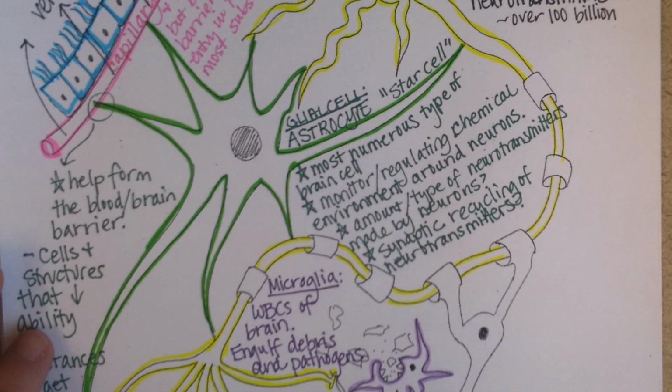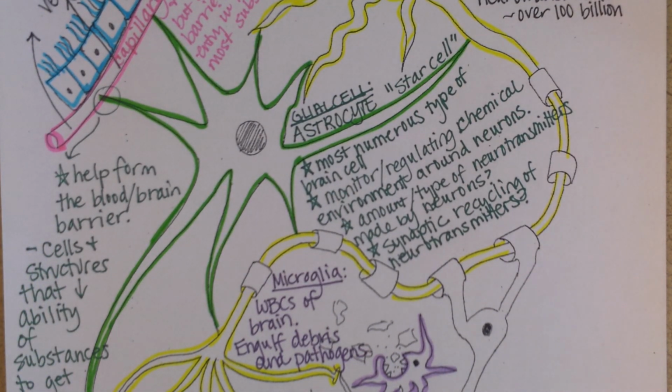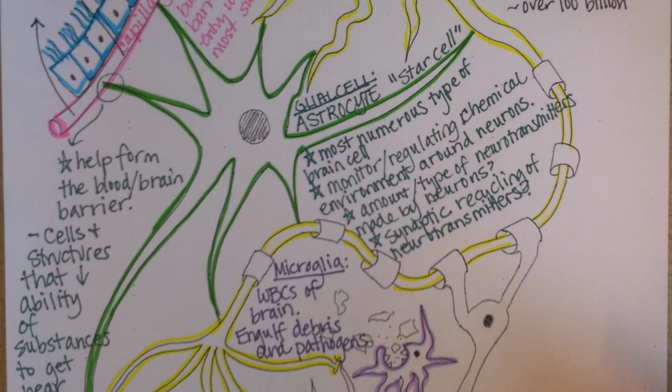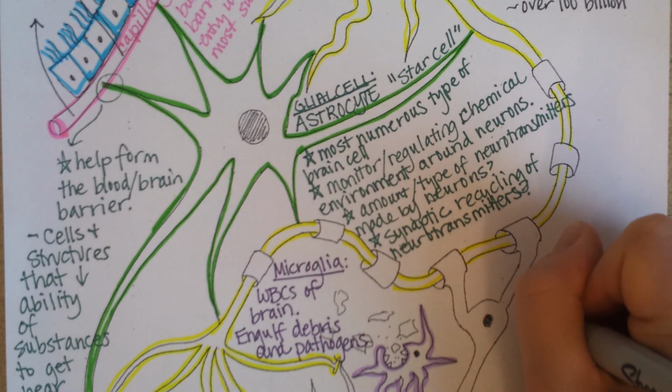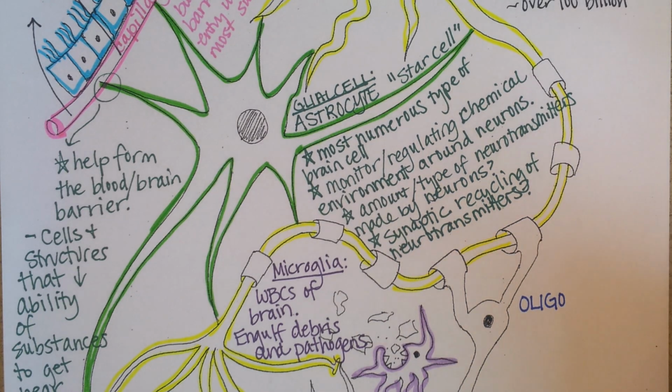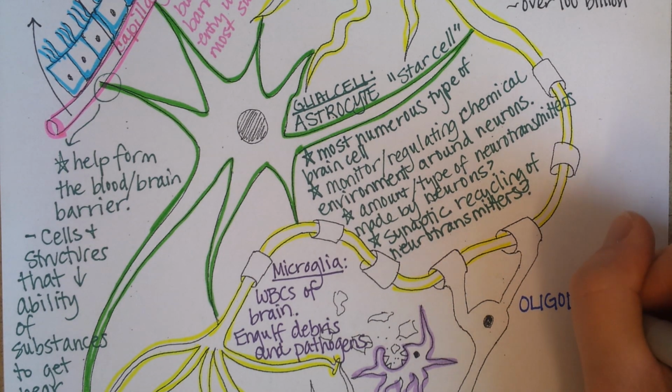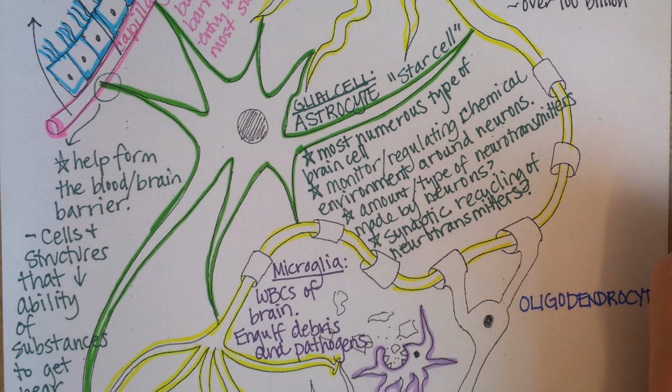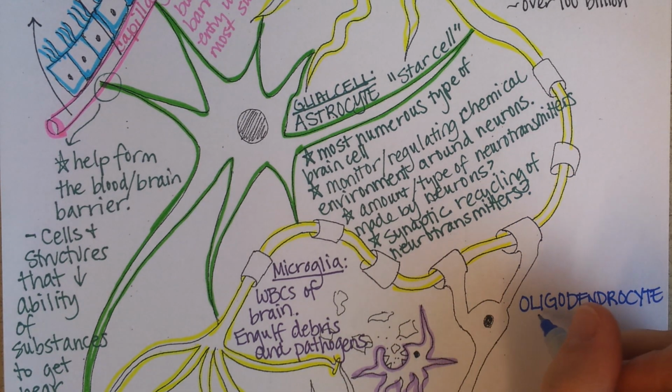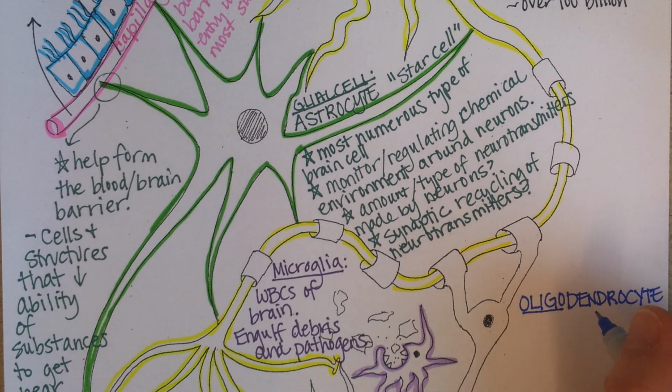and then we've got the super cool insulating cells. And they have two names. In the brain, they're usually referred to as oligodendrocytes. So oligodendrocyte. It's all one word, but you can kind of think of it with three syllables or three set parts to it.